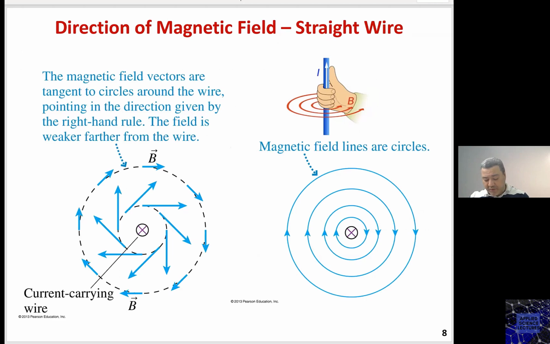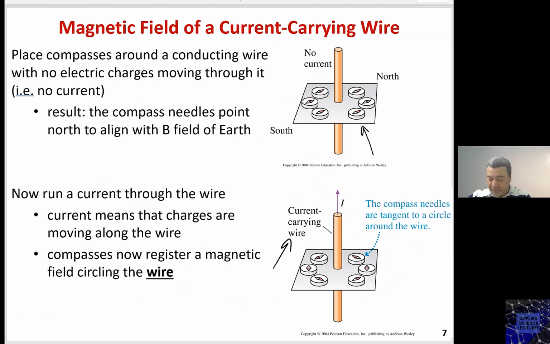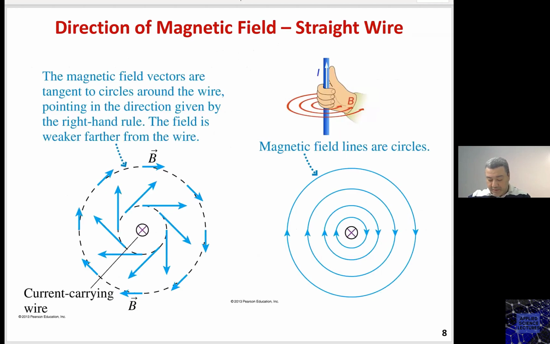This is the wire that we were talking about. Now I'm looking here from the top. However, the direction here is different. So here in my case, this is the wire. I have the current now going in this direction, into the page.